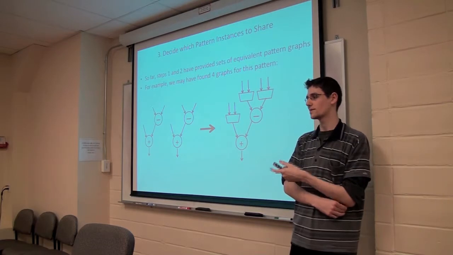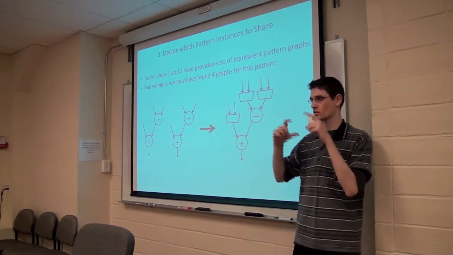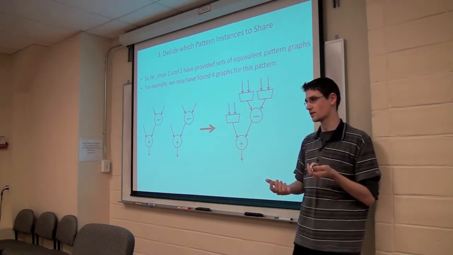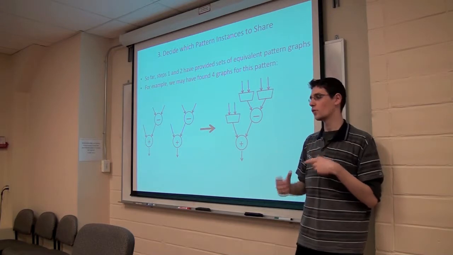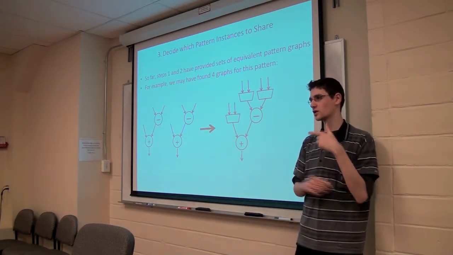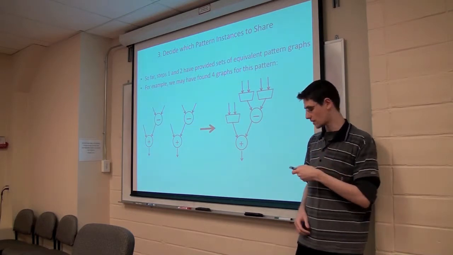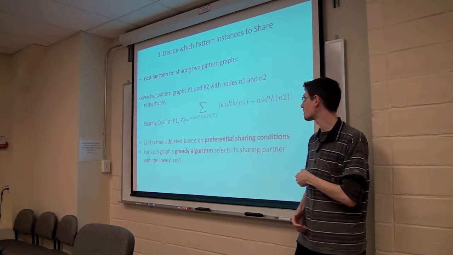So all we require is that the outputs are not required in the exact same cycle. For example, if there's one cycle that's different, then you can still share the divider. But if you share them and they're required in the same output cycle, one possible improvement or future work would be to delay one divider by 1 cycle so that you can still share them. That's what I talked about in my future work, which was that you can modify another phase of high-level synthesis called scheduling.